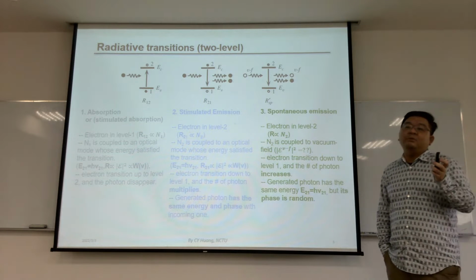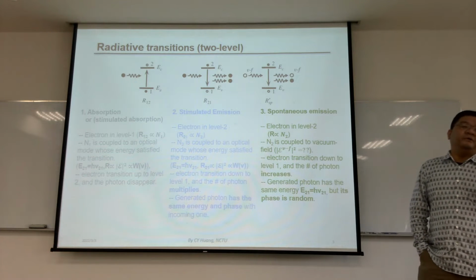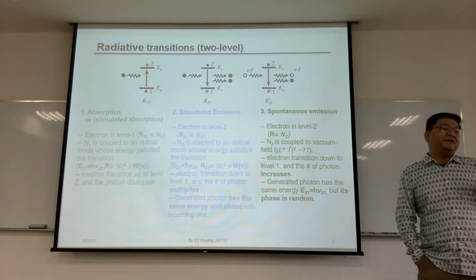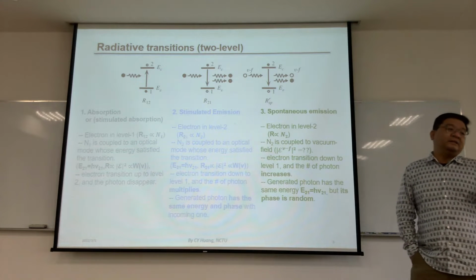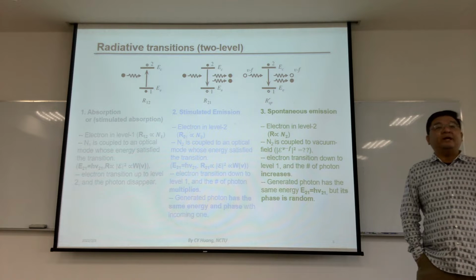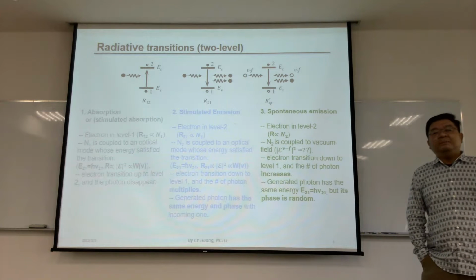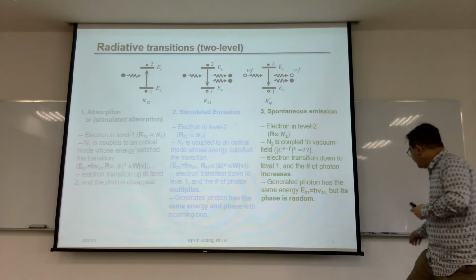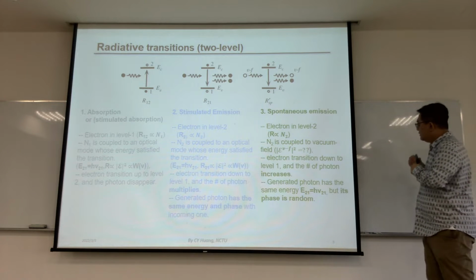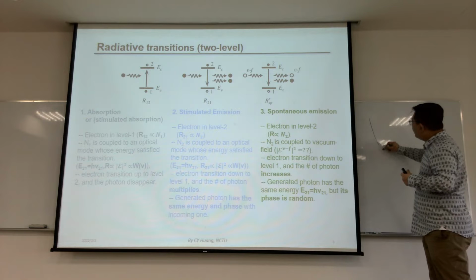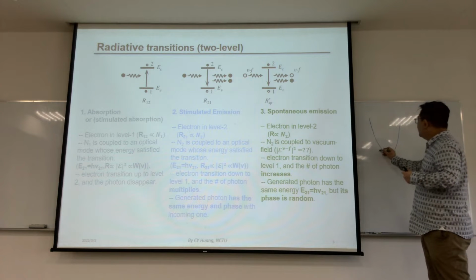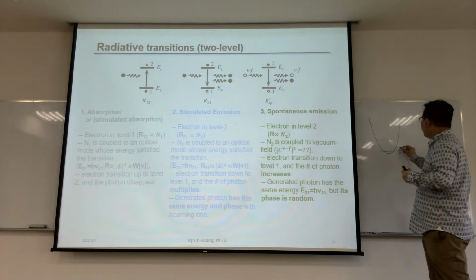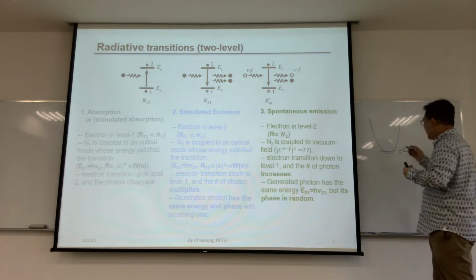In the quantum world, if you take a solid state physics class, you will see there is also no true zero energy. The minimal energy is something like a half of h bar omega. For example, for a harmonic oscillator, the zero-point energy is half of h bar omega.